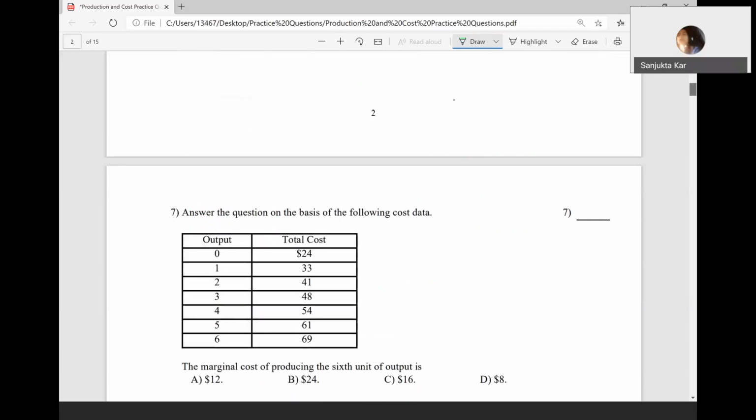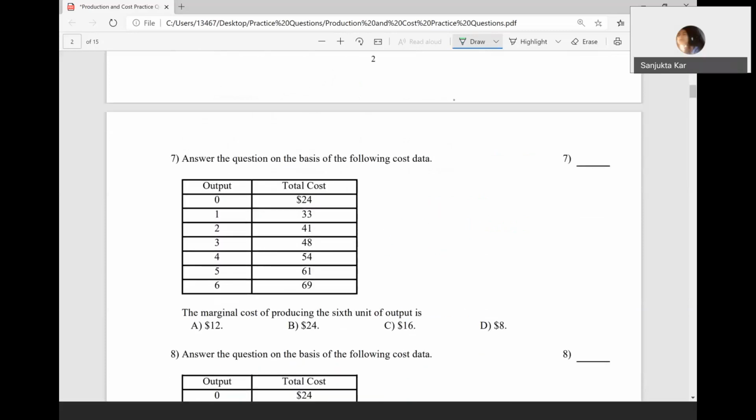Now take a look at the next question. Question number 7, they're asking what is the marginal cost of producing the 6th unit of output. The definition of marginal cost, I will abbreviate as MC. This is equal to the change in total cost over the change in output.